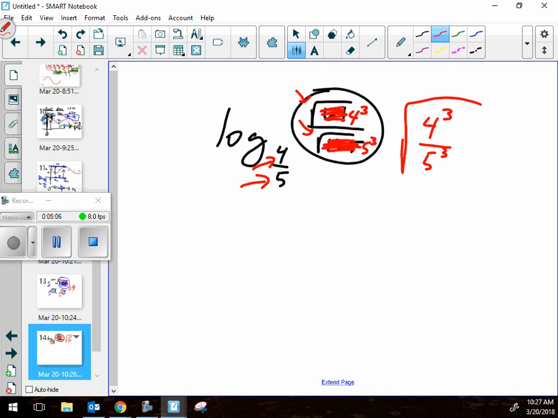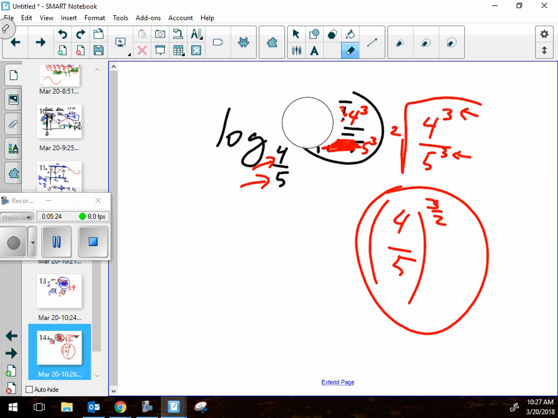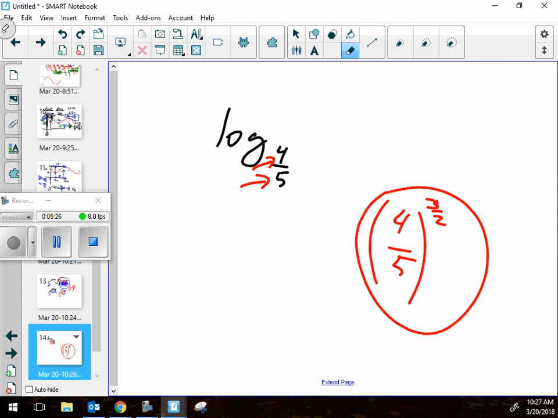Final answer, 4/5 to the, that's a second root. The roots go on the bottom, just like in plants, but they also are being cubed, so I can put the 3 right there. 4/5 to the 3/2. Now, if I had done that, then all of this becomes 4/5 to the 3/2.